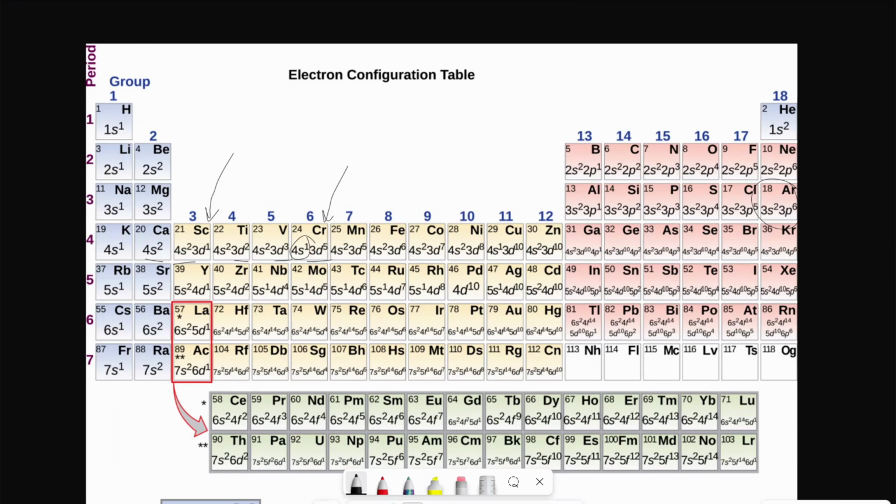And this is because of the repulsion that occurs within the 4s subshell when it was 4s2. Let's say we draw the electrons like this; the repulsion that occurs between these electrons is greater in energy.